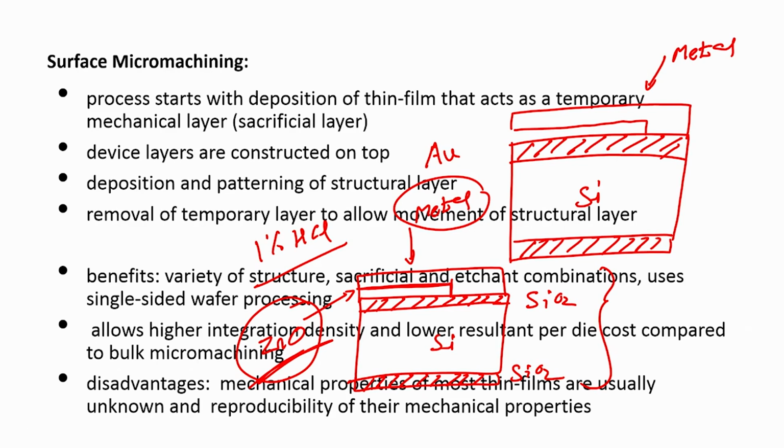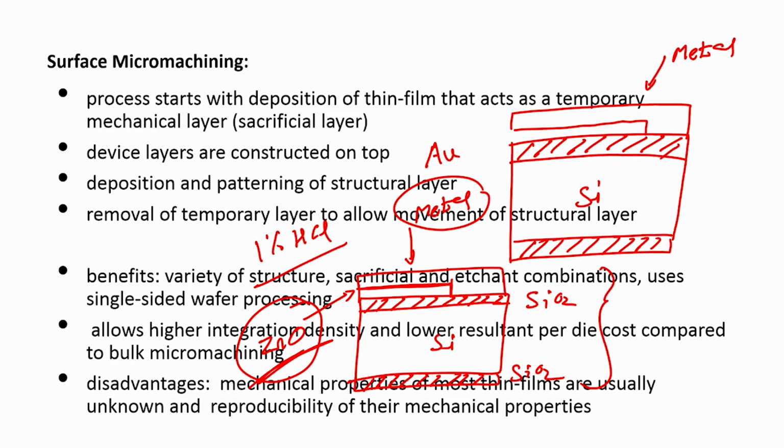So, this way I am able to fabricate a cantilever, and everything that we have seen here is machining, but the machining is done at the surface level. I have not etched any bulk part of the substrate, right. So, everything is done at the surface level, and that is why the machining that we have done at the surface to create this cantilever of a metal, which is my gold, is called a surface micromachining technique.